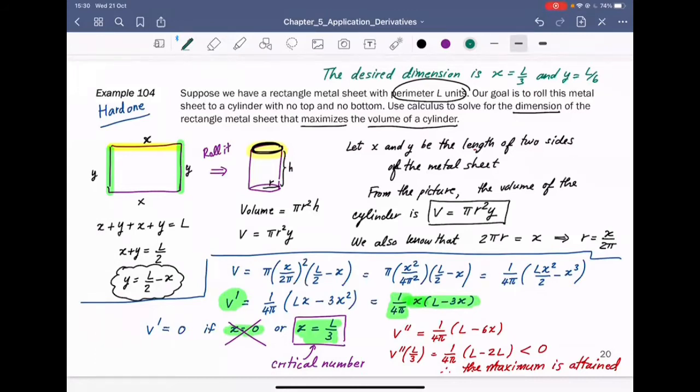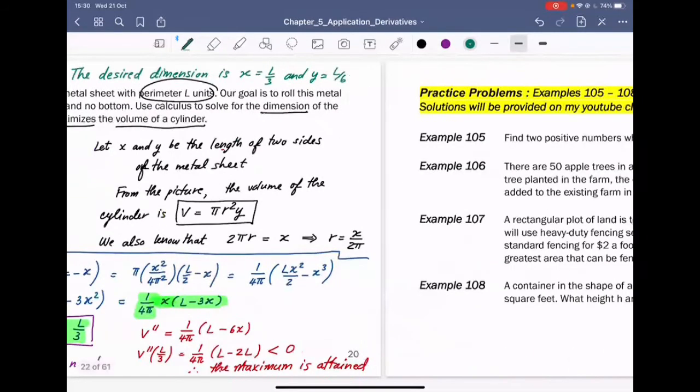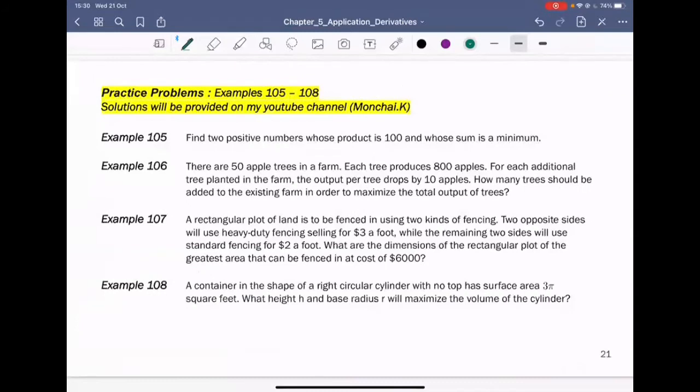Well, before we move to another section, let's look at the practice problems here. Because we don't have time to show you a lot of examples in this class, I want you to do the practice problems first. Once you do them, I'm going to post a solution on my YouTube channel.